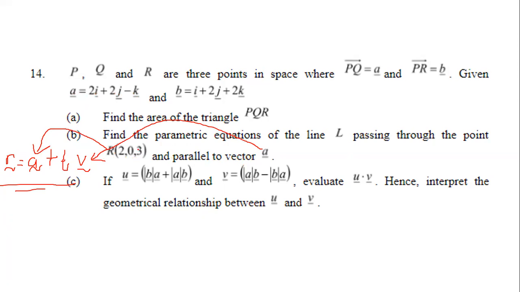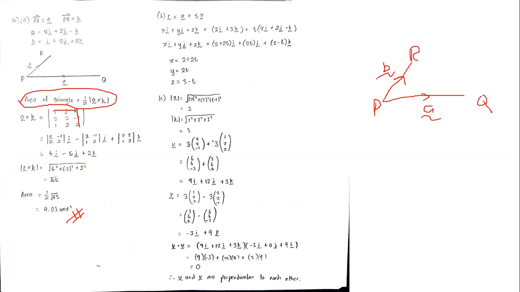So now we substitute into this equation. a is 2i plus 3k because j is 0, so we don't state it. And t times v is t times 2i plus 2j minus k, which is vector A from the question.